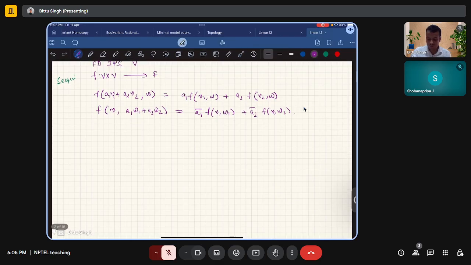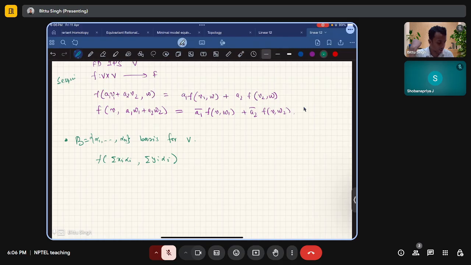And some properties are like this. Suppose alpha 1 up to alpha n is a basis for the vector space V. Then f of the combination sum xi alpha i, and the second combination yj alpha j.